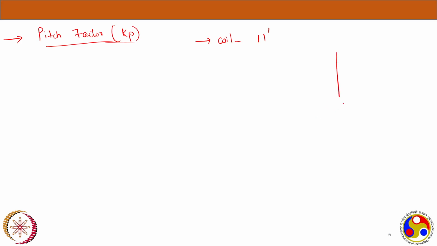So this is one, and okay, let's say it has more turns and all, whatever it is. It will come back here. So it is 1 dash.